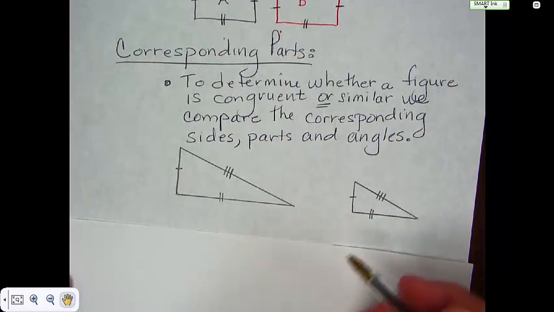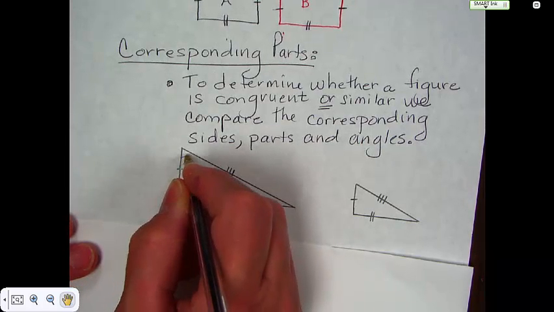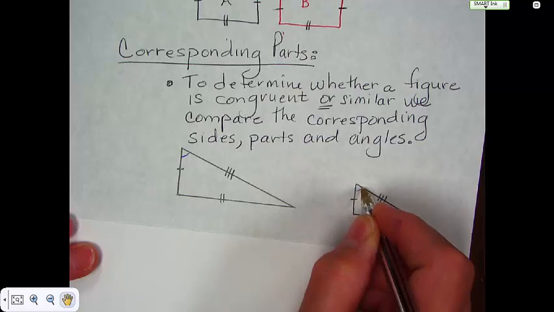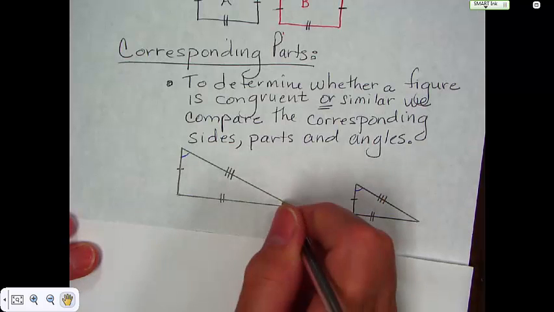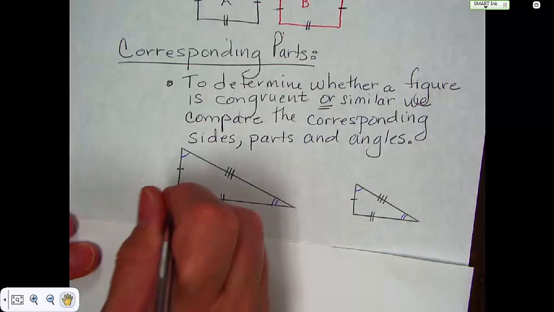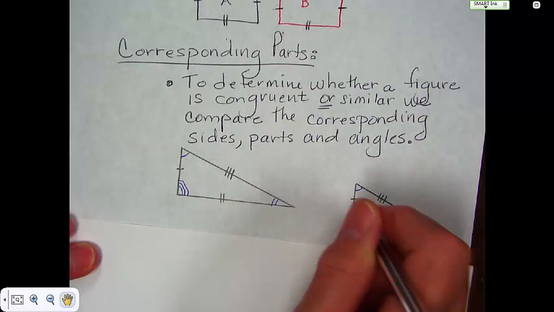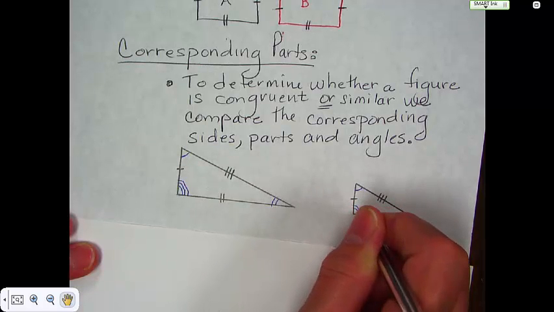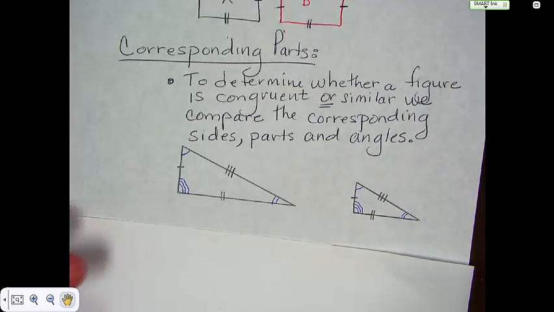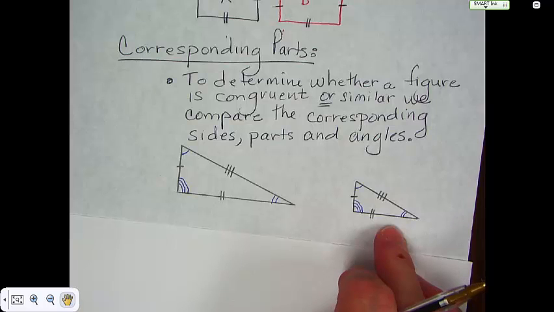They don't necessarily have the same length, but they are corresponding sides, and you would find that this angle and this angle would have the same measure. This angle and this angle would have the same measure, and this angle here and this angle here would have the same measure. It is as if I took this triangle and I shrank it.